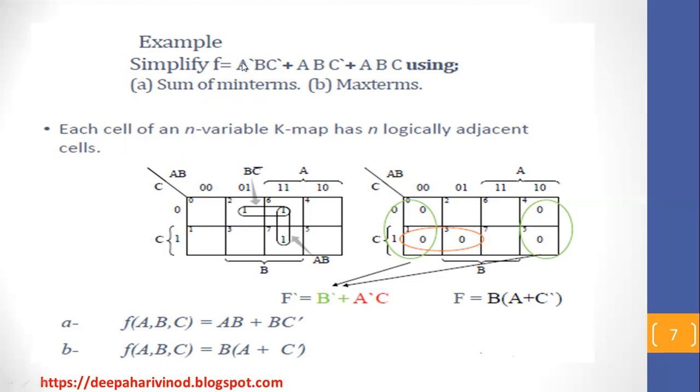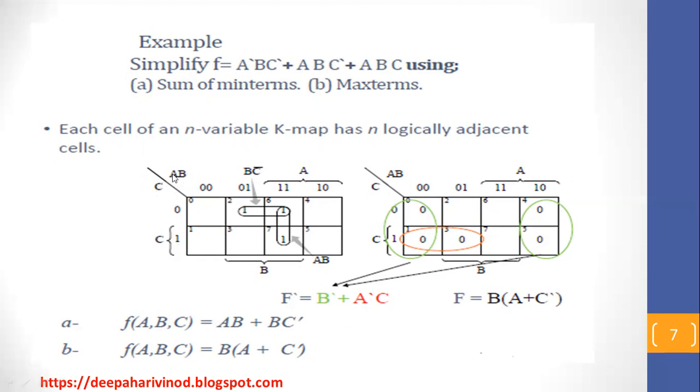So here A bar means this row, B bar is this. In the same way, I need to map this also. A B C bar, A B C bar. Sorry, here they have chosen AB as this one and C over here.